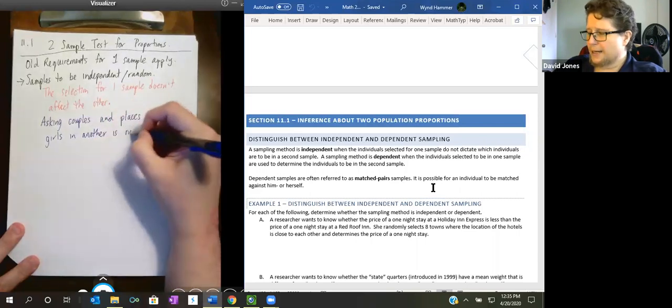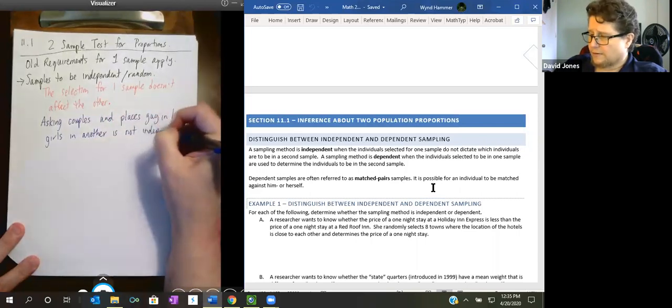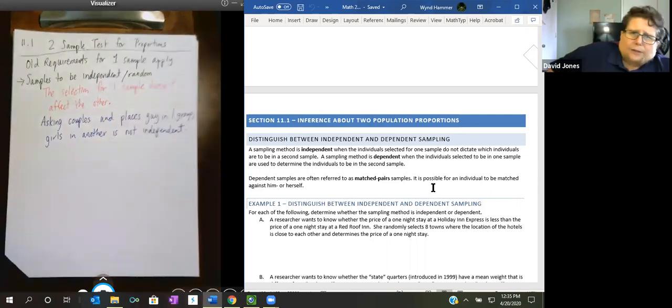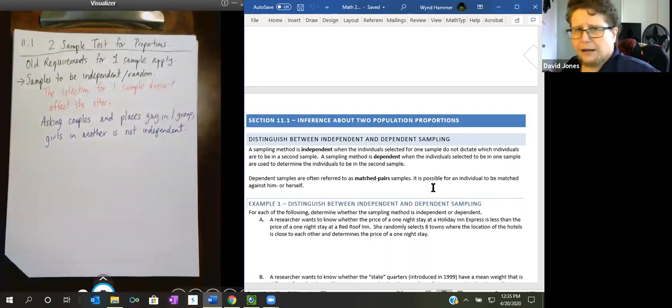This is not independent, because oftentimes when people are a couple, they get along on a lot of things. So if you ask one person, their partner might feel the same way.